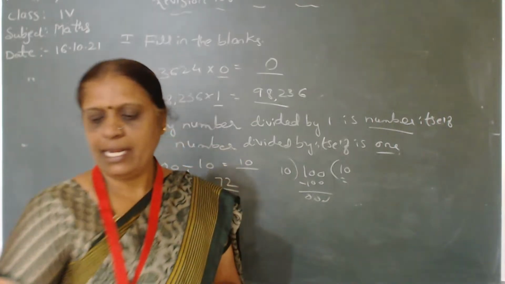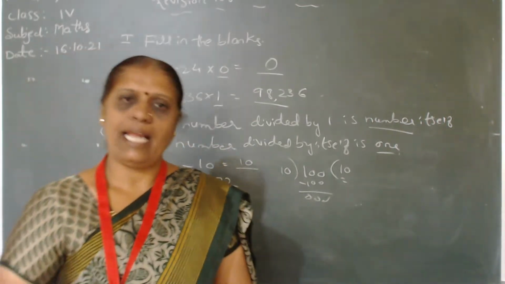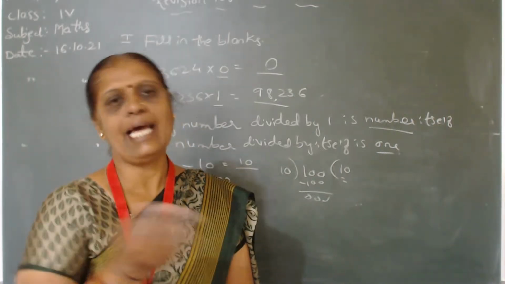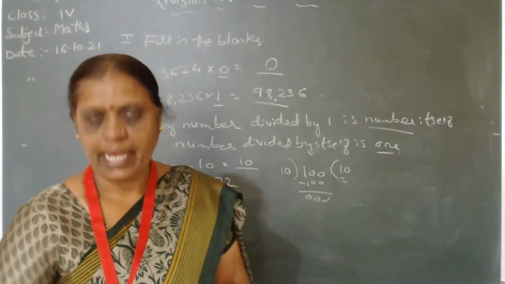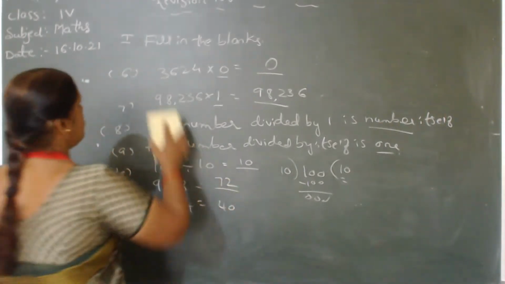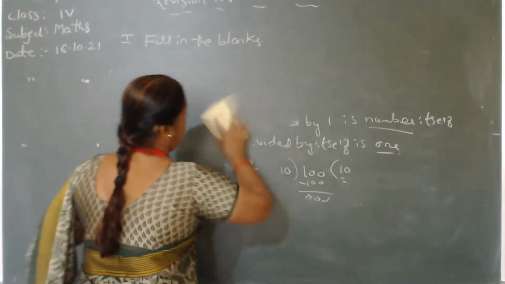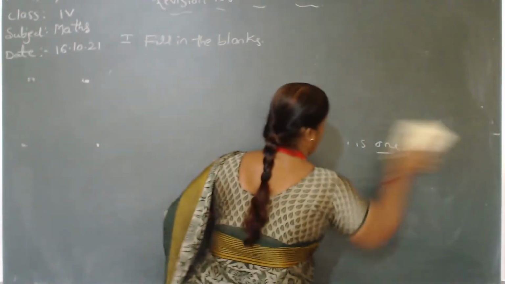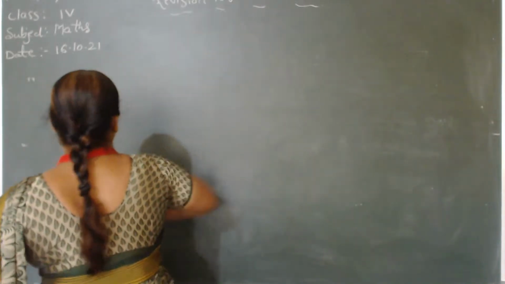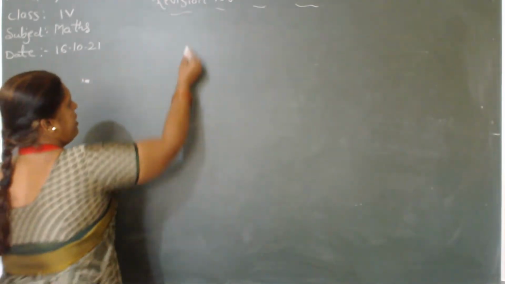Today I will take the slip test. You write it in your classwork or homework. On any last page, put today's date and write today's slip test. The date is 16/10/21.